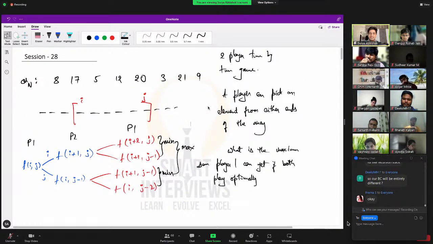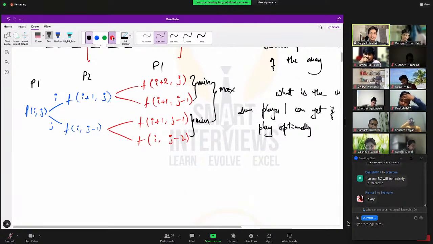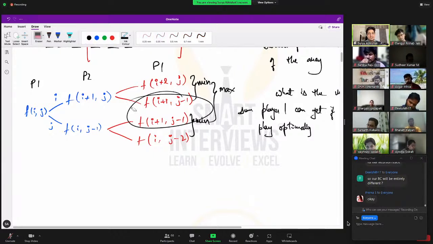Okay. So now let's discuss the DP steps, everyone. Obviously here we see that there are overlapping subproblems. We are taking min and max, so we have optimal substructure. We have proved that there are DP properties here. So once we are sure that there are DP properties, now we can start with the DP state first.